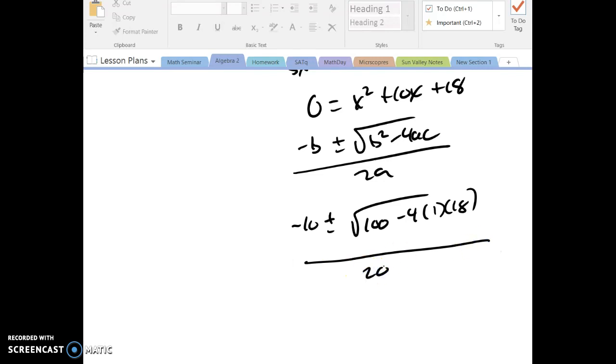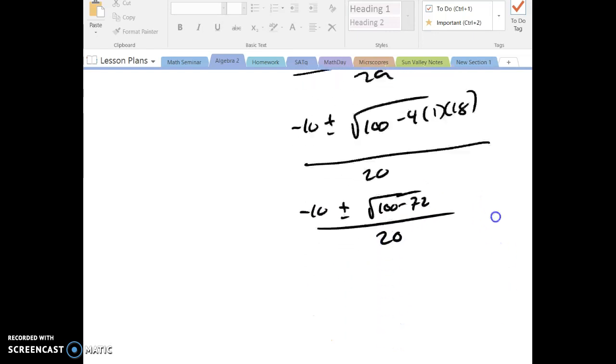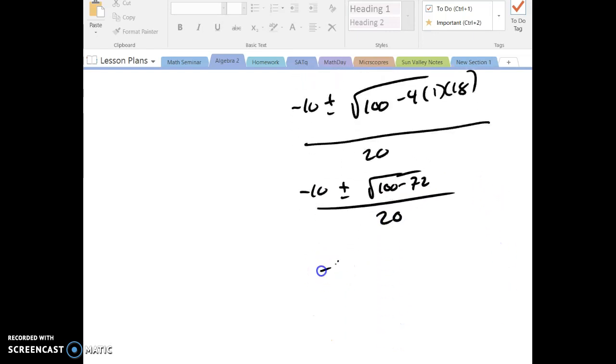Let me use my calculator here. 4 times 1 times 18 is 72. So negative 10 plus or minus square root of 100 minus 72 all over 20. We get negative 10 plus or minus the square root of 28 over 20.